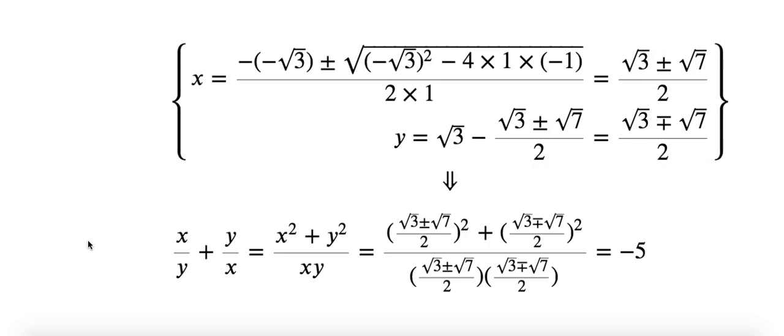And based on the formats of these two expressions, substitution of either set will give us the same result, which can be verified in our calculation by the sum of squares in the numerator and the difference of squares in the denominator.